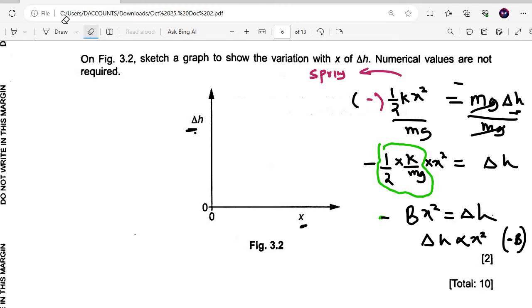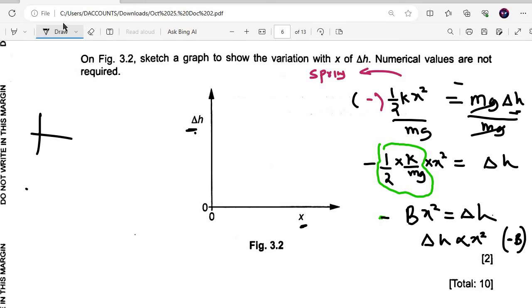If you are going to sketch the graph of change in height against x squared, this is the model I've already given, and from the model we have change in height proportional to x squared, and the gradient is negative, so it's going to be a parabola graph that is decreasing. A parabola graph that is decreasing has a negative coefficient of x squared.